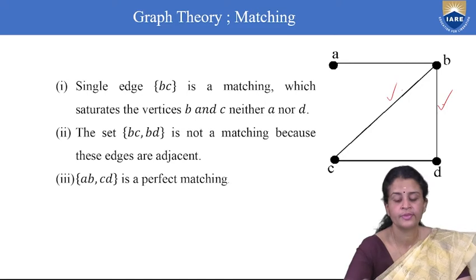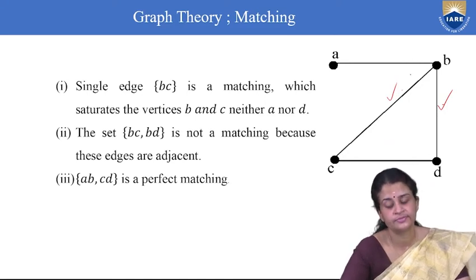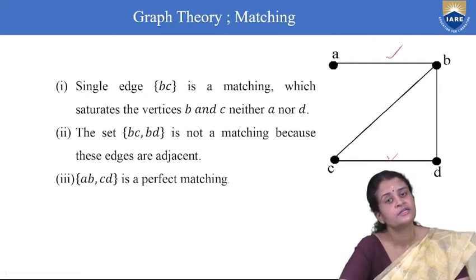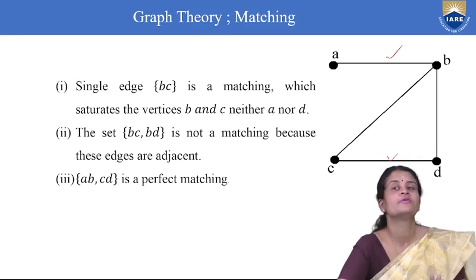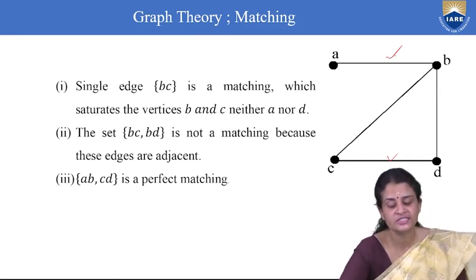And what about AB and CD? Considering these two edges, it is a matching. It is a maximal matching, and also a maximum matching.